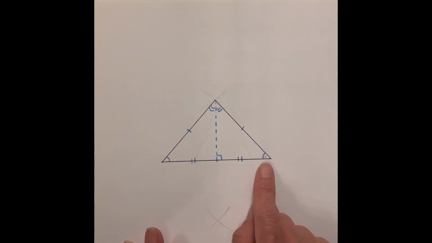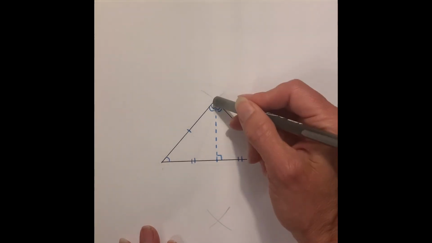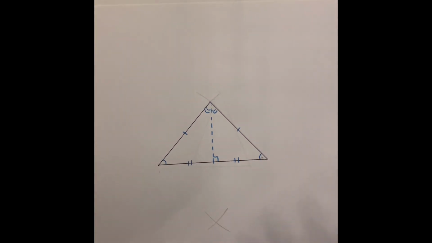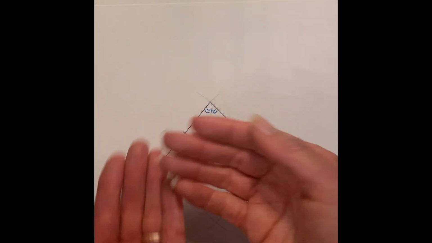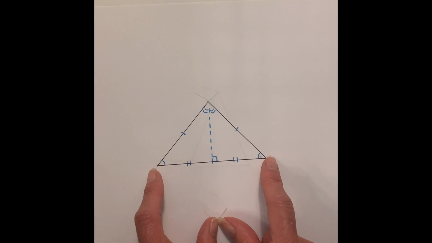How would I do that if I don't have a ruler? Well, if I know that if I have an isosceles triangle and I drop an altitude, it's going to bisect that base. Think about what you could do. You could flip this around and have another isosceles triangle on the bottom.